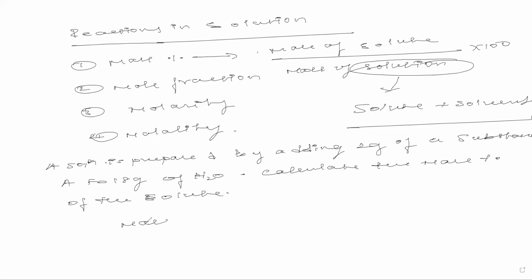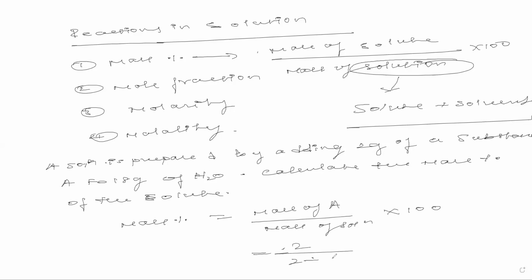Mass percent is equal to mass of A, the solute, divided by mass of solution, into 100. So that is 2 gram given. Mass of solution is how much? That is 2 plus 18, that is water, right? So that into 100. That gives out 10%. That is mass percentage.